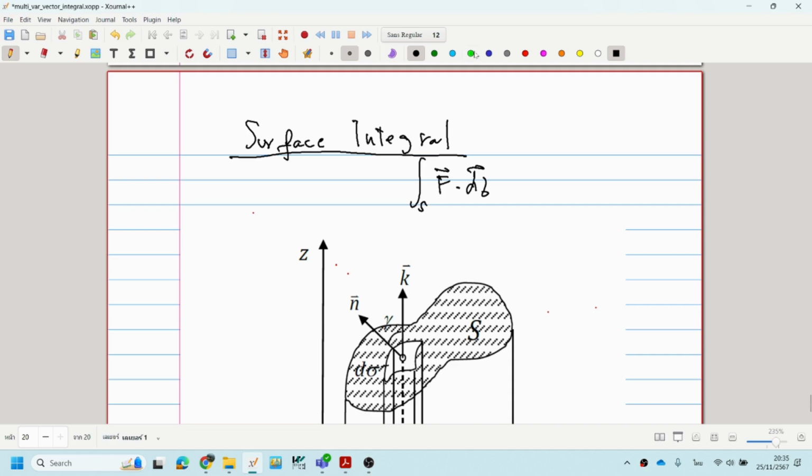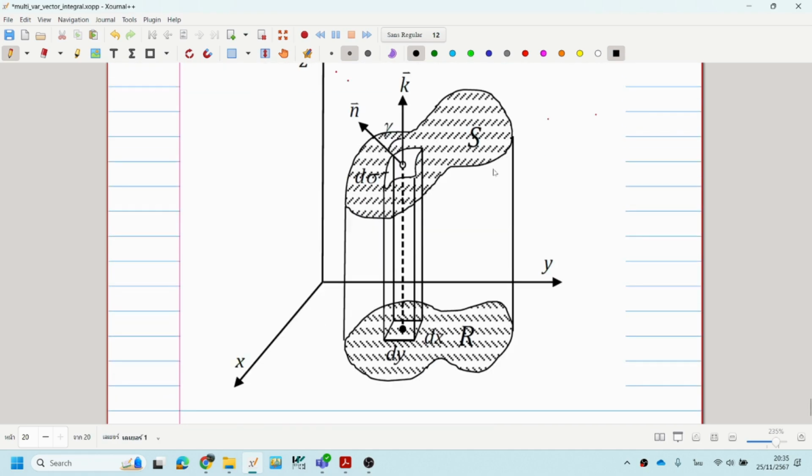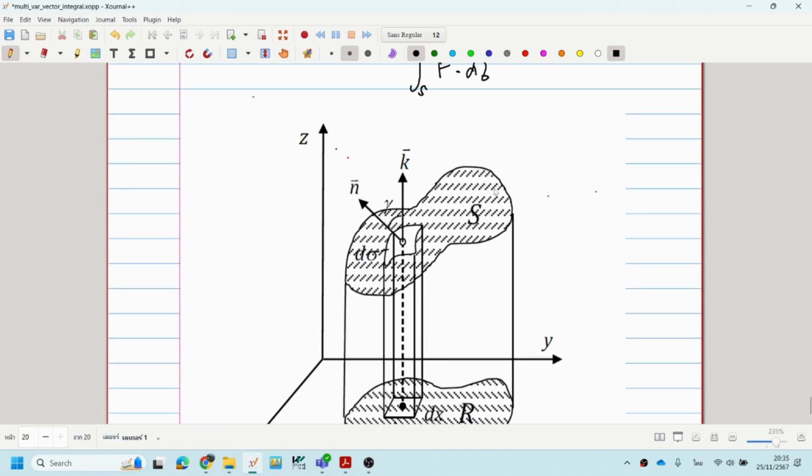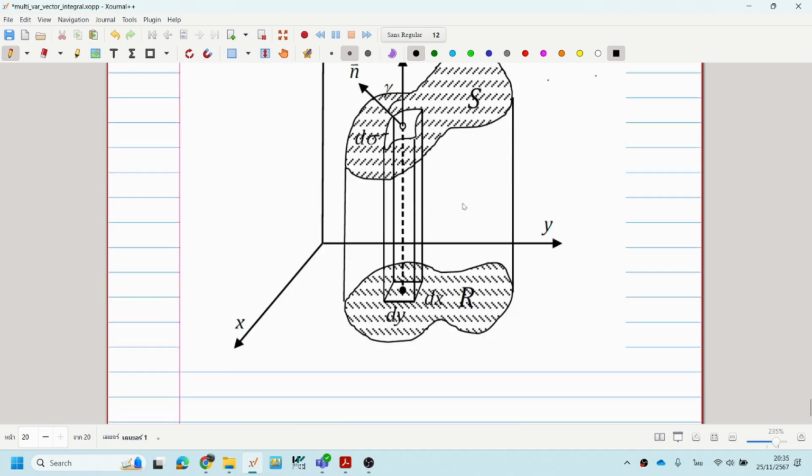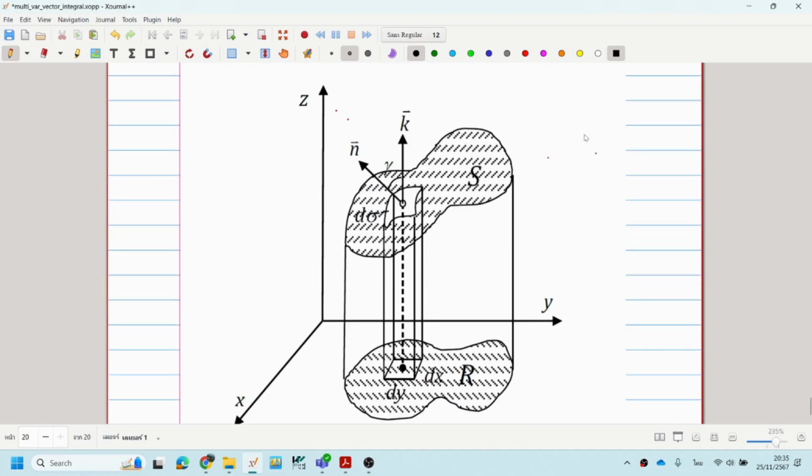This is the concept of the surface integral. In 3D space, there is a surface, right here in my picture. The orientation and the curvature of the surface are defined by the normal vector. The normal vector is at a right angle to a point on the surface. As you move around the surface, the orientation changes, related to the curvature and how flexible the surface is. On my picture, n is defined by the normal vector at some point on the surface.